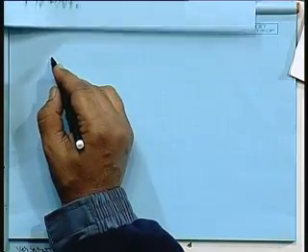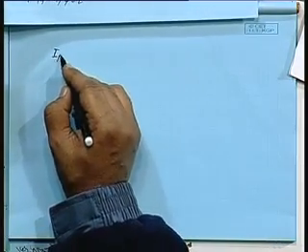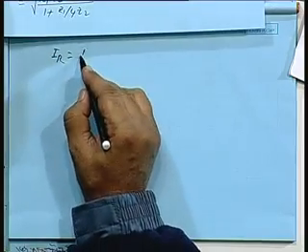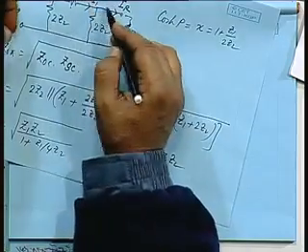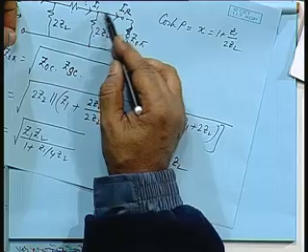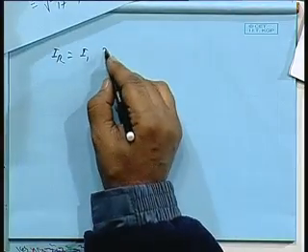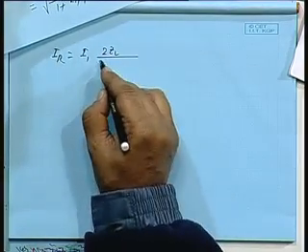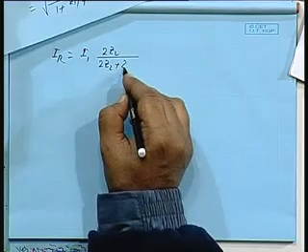Let us evaluate that. IR in terms of I 1, it will be I 1 multiplied by twice Z 2 divided by the total impedance. So, twice Z 2 divided by twice Z 2 plus Z naught pi.